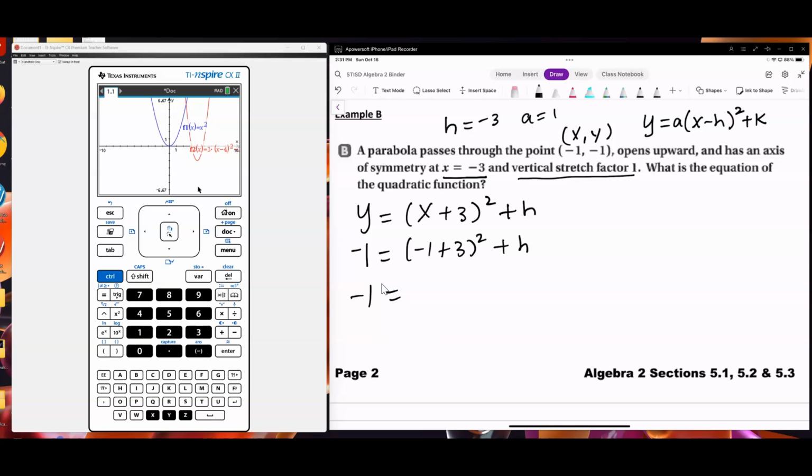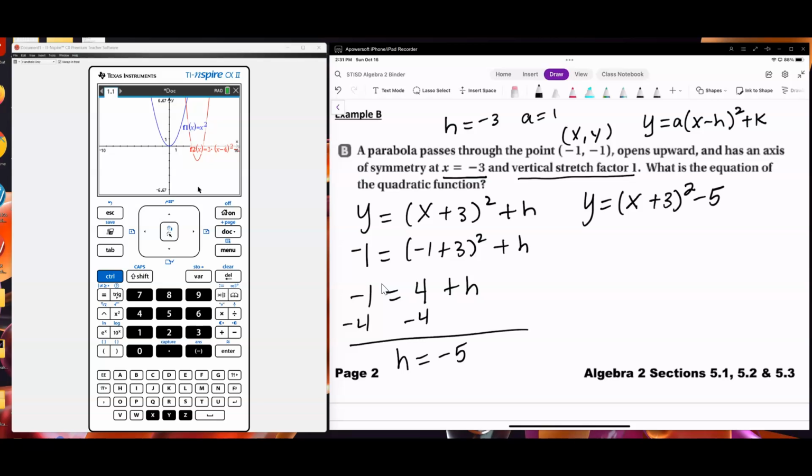Negative 1 plus 3 is 2, 2 squared is 4, plus k. Subtract 4 from both sides. So k equals negative 5, right? Okay, so what we have is y equals (x plus 3) squared minus 5, and that's our parabola.